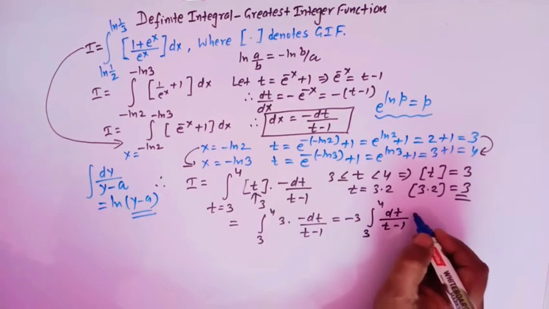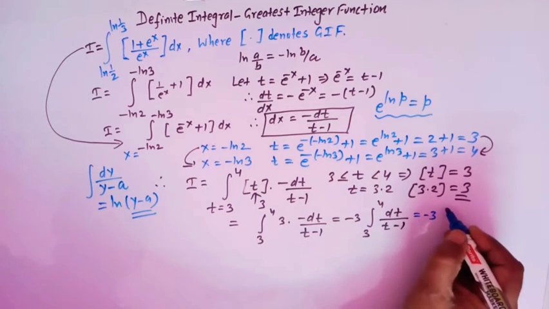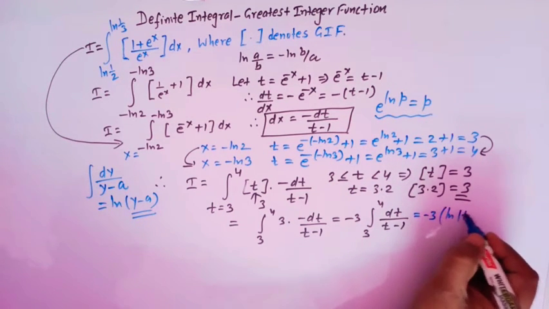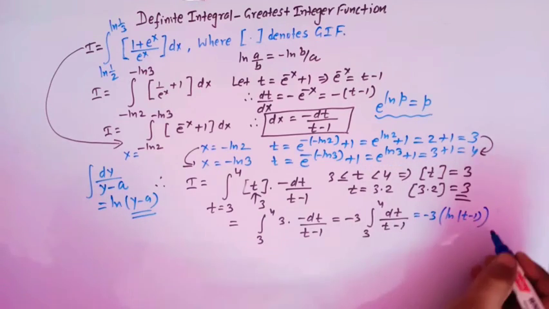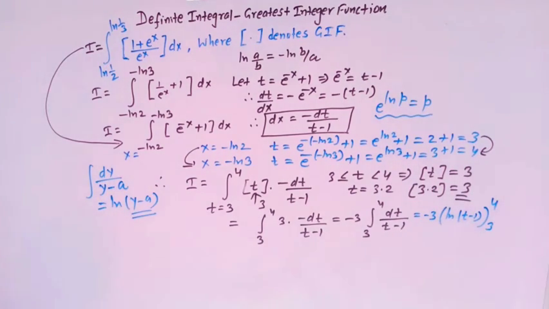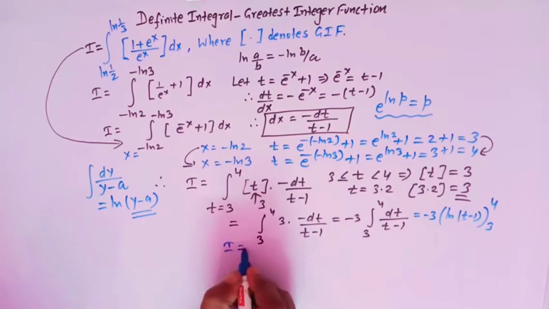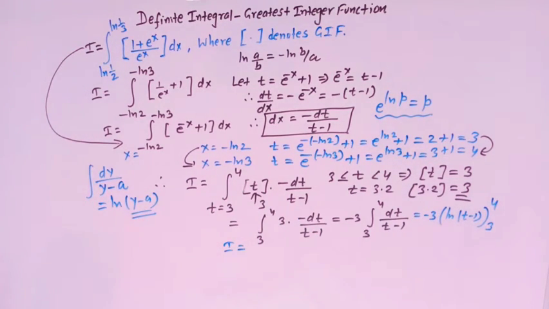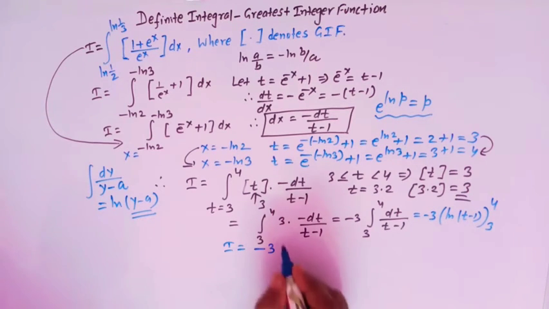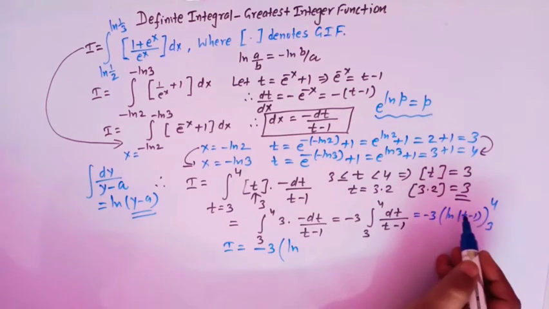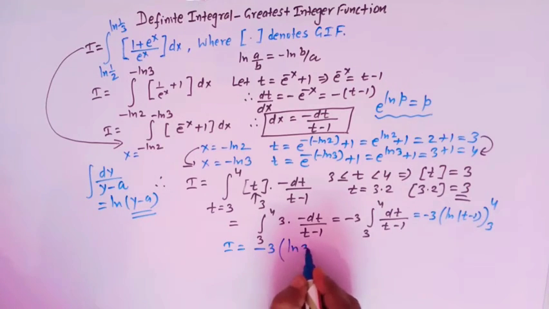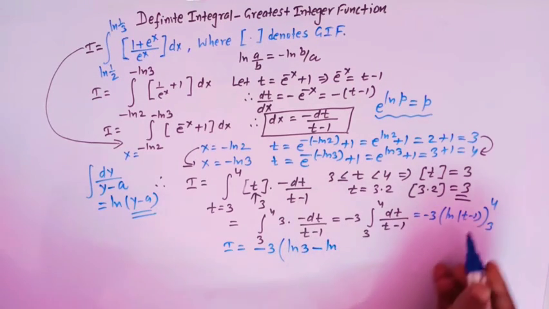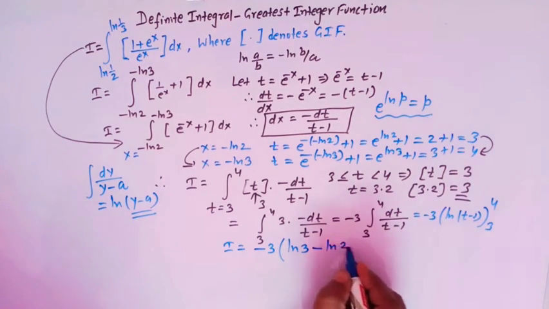So the integral of 1 over (y minus a) is equal to log of (y minus a). Here we have minus 3 times log of (t minus 1), and the limits are from 3 to 4. Now we simply substitute the upper limit and lower limit and take the difference. So we have minus 3 times, log of (4 minus 1), that is 3, minus log of (3 minus 1), that is 2.